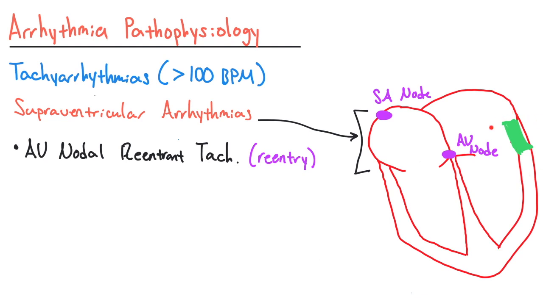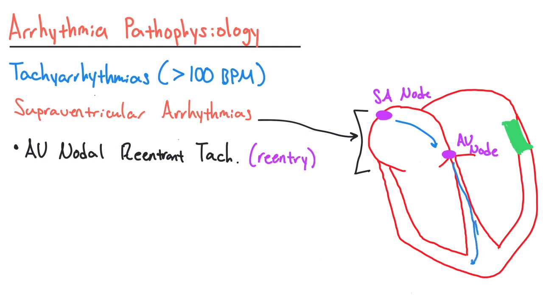Now, this is something that is pathologic, of course, not generally found in most individuals, but in people with Wolff-Parkinson-White syndrome, there's this abnormal connection of conductive tissue between the atria and the ventricle. The more common version of this arrhythmia is where a signal is sent from the SA node to the AV node through our normal cardiac conduction system.